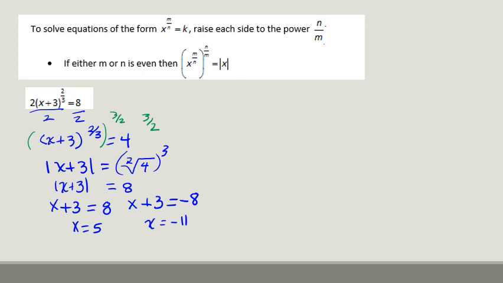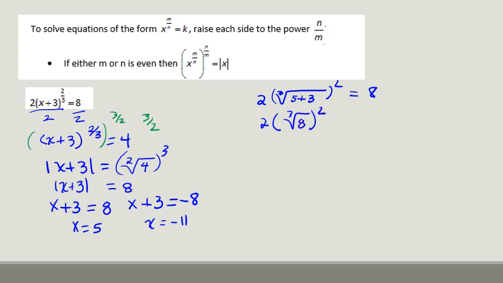So again, you want to check those roots. So 2 times, and I'm just going to write this as the cube root of this squared equals 8. So 5 plus 3. So 2 times the cube root of 8 squared.